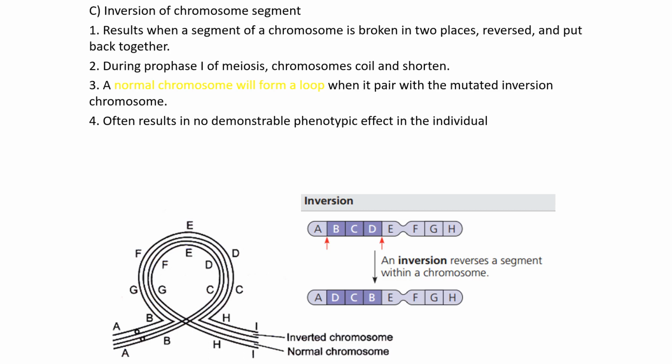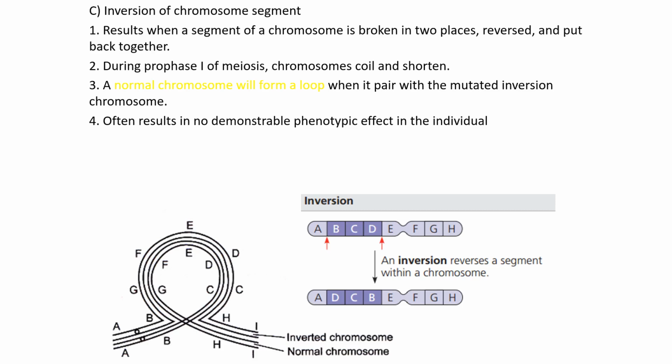I think you can imagine that from the video that we have watched earlier. So during prophase 1 of meiosis, what happens? Chromosomes will coil and shorten. During this phase, a normal chromosome will form a loop when it pairs with the mutated inversion chromosome, like what was shown in the video earlier.